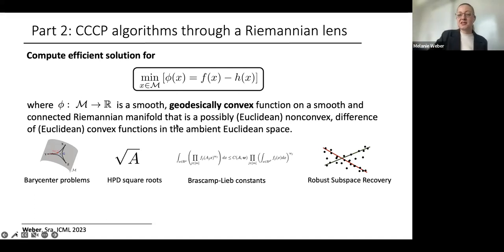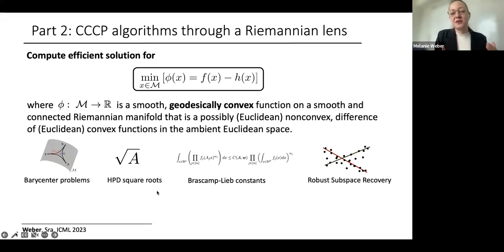But this geodesic convexity condition that we saw earlier is weaker than Euclidean convexity. So there are quite a few problems that, through an appropriately chosen Riemannian metric, are convex, but non-convex in the Euclidean sense, including some of the problems that we had on the initial slide and that we will see in a few slides in the numerical examples.